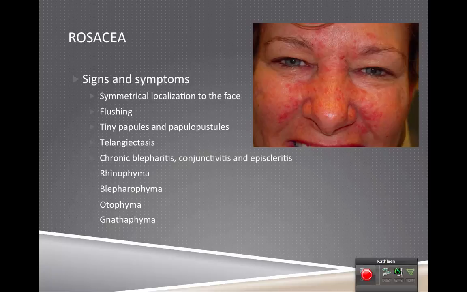If a patient has episcleritis, they should be seen by an ophthalmologist on an annual basis. Rhinophyma is a nodular swelling and congestion of the nose in advanced stages of rosacea. Blepharophyma is chronic swelling of the eyelids, otophyma is cauliflower-like swelling of one or both ears, and gnathophyma is swelling of the chin.